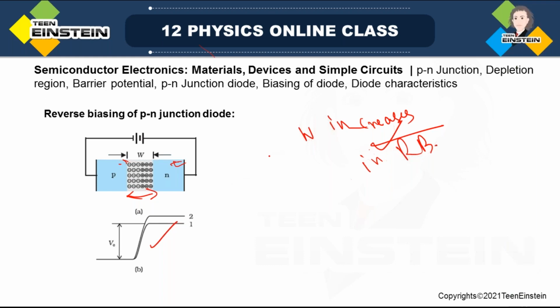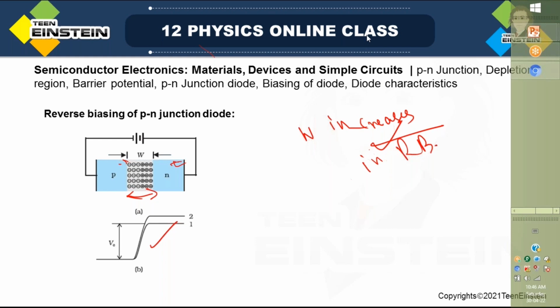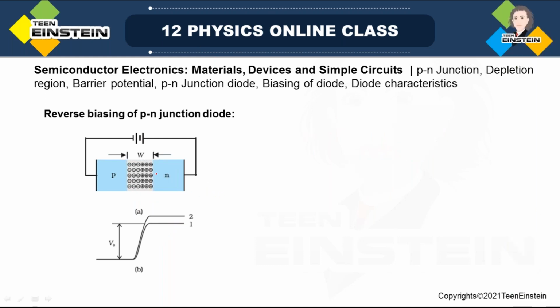So I hope you have understood what happens in the case of reverse bias. The majority charge carriers will not move across; reverse bias means this side is negatively charged, so the holes will come from here to here.